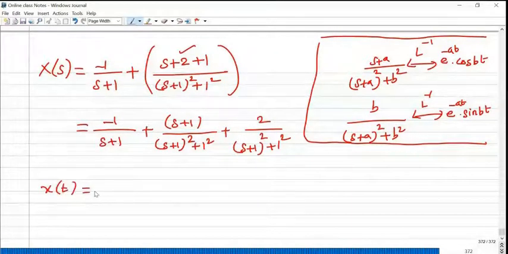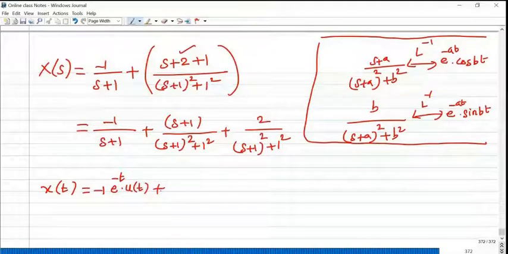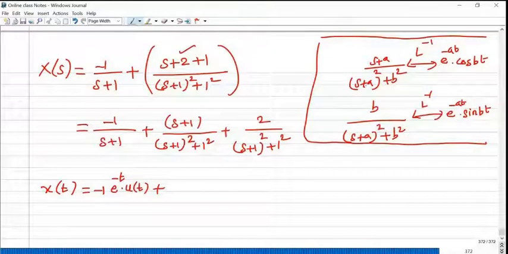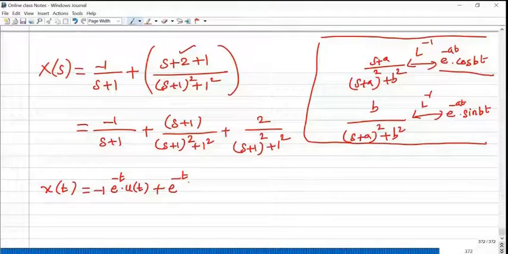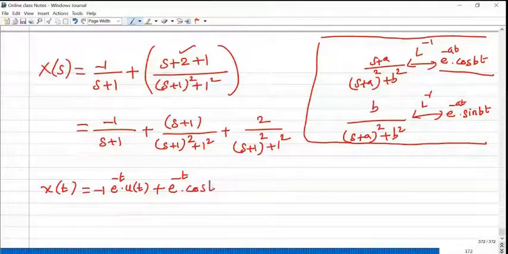Minus 1 is a constant: e power minus t u of t, plus s plus a divided by s plus a whole square plus b square. Your inverse Laplace transform is e power minus at cos bt u of t.